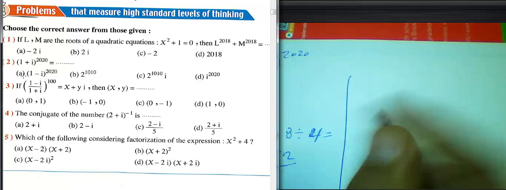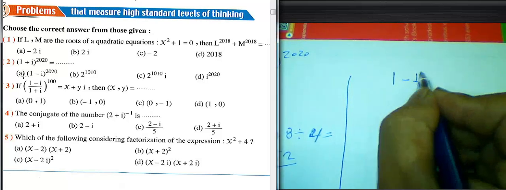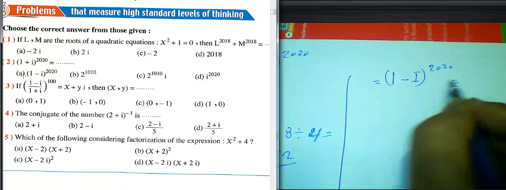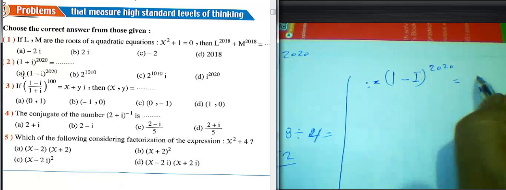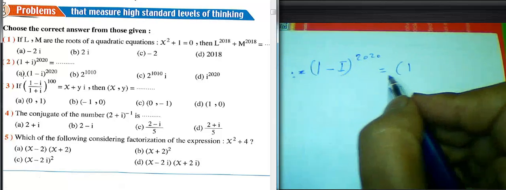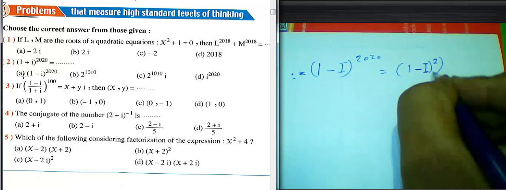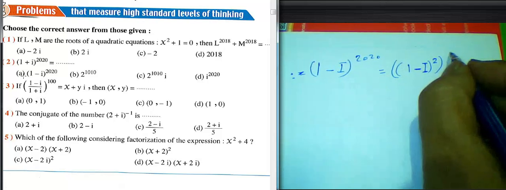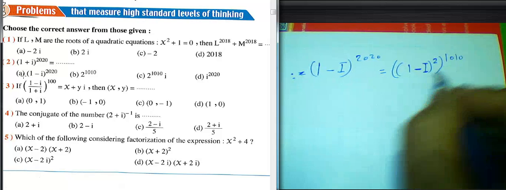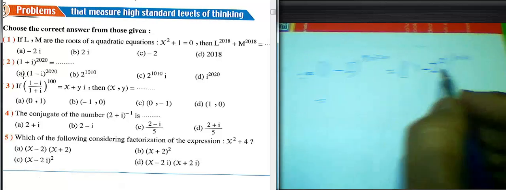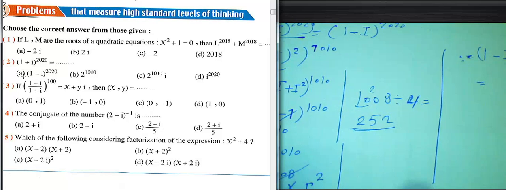Look at it with me. 1 subtract i to power 2020 equal 1 subtract i to power 2, whole to power 1010.